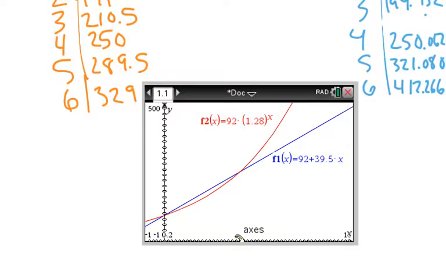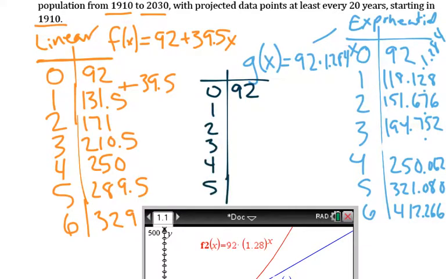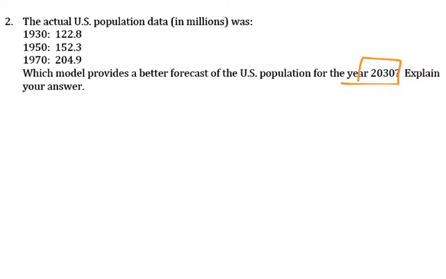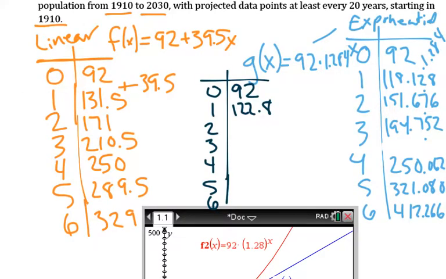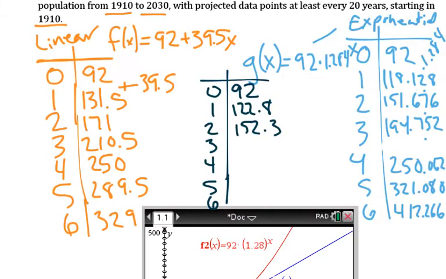Let's go back and take a look at the actual data. So we've got 92 million here, then 122.8, then 152.3, then 204.9, and then of course we had 250.